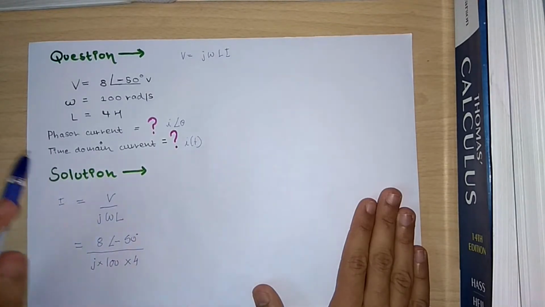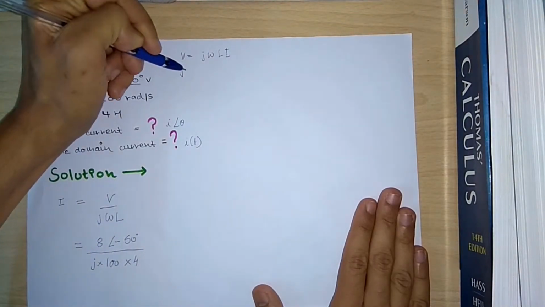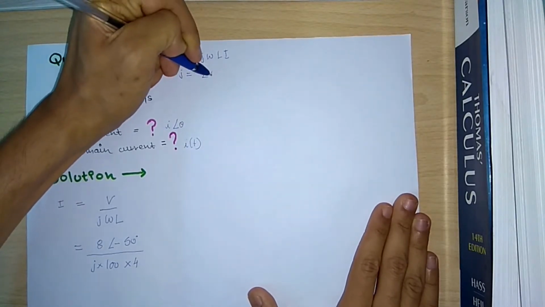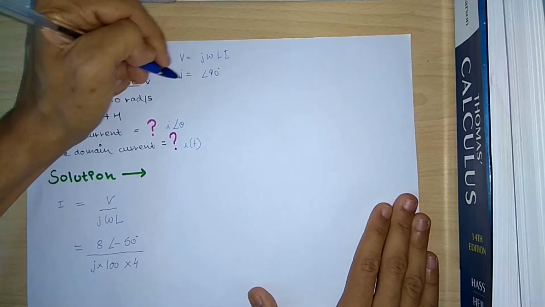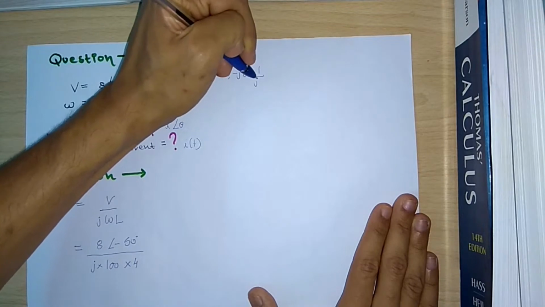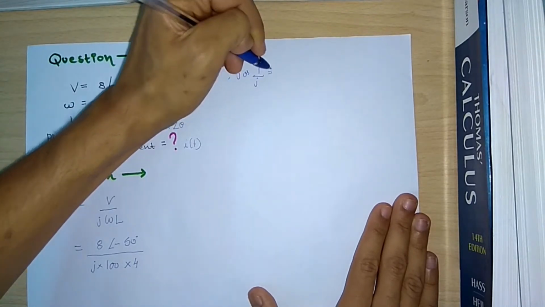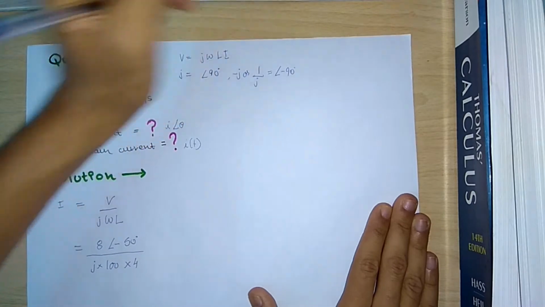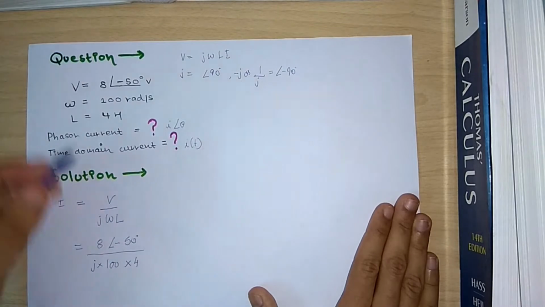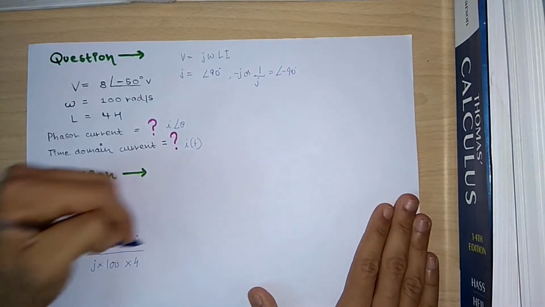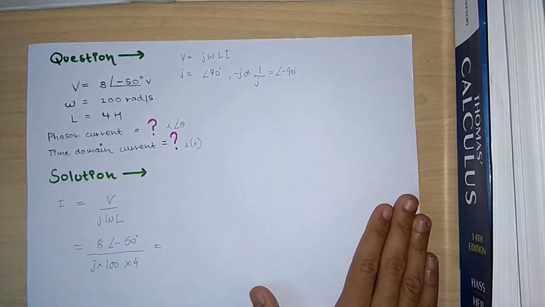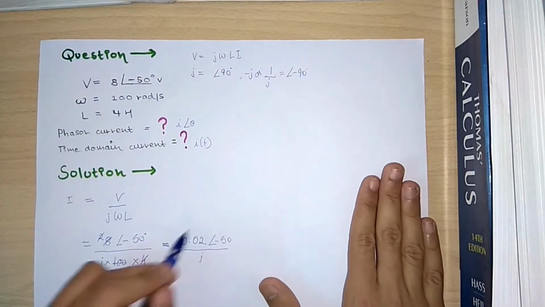One thing to keep in mind is j can be represented in phasor form as angle 90, while minus j or 1 upon j can be expressed as angle minus 90 degrees. We will be using the 1 upon j form in this part, and the part can be a simple division, and we'll get something like this.